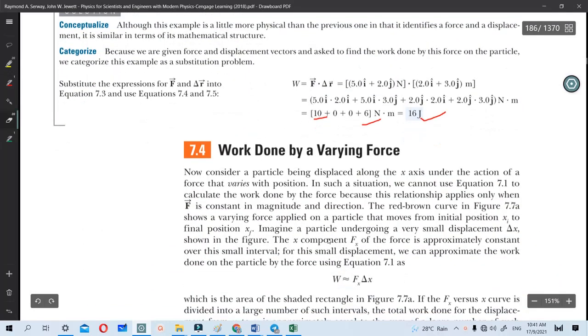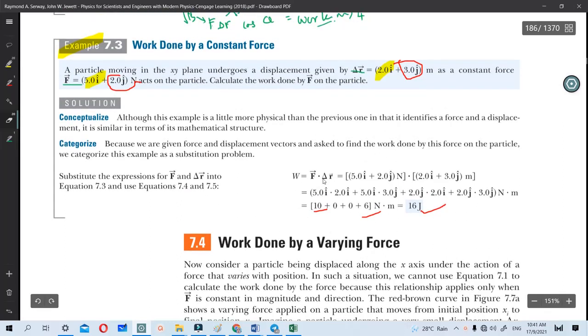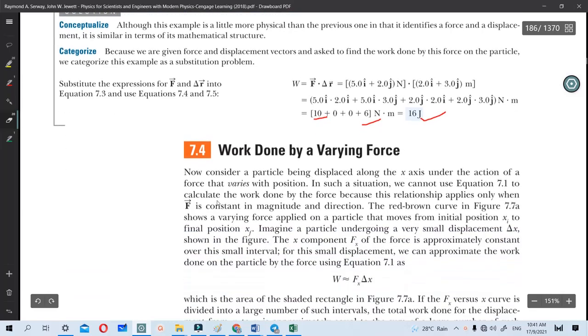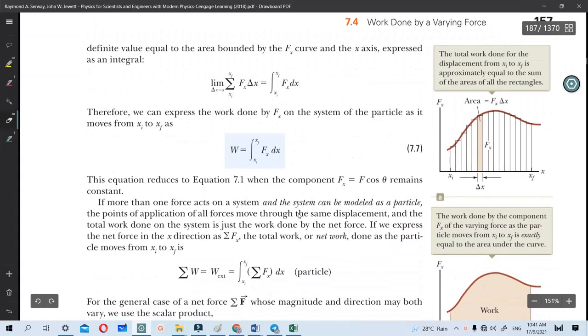Now, in the situation where we have a varying force, not constant, we can't use the expression F dot delta R, because the force needs to be constant. Therefore, what we need to opt for is the graph method. Why?